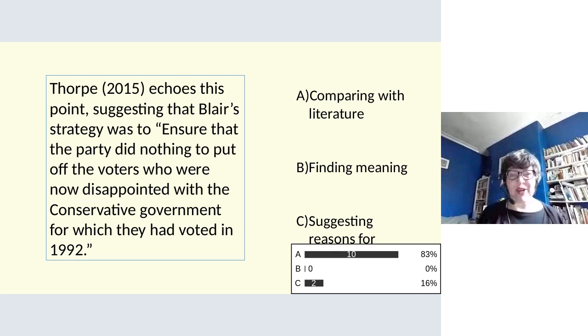I chose this little bit because I think it's actually written quite nicely. Often, and actually what I've been saying a lot so far in this session, is this is supported by, this contradicts. Now, this gives a slightly different style. Thorpe echoes this point.